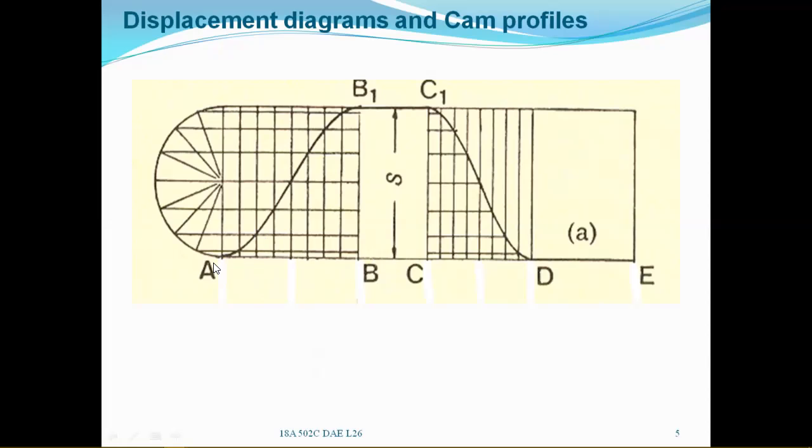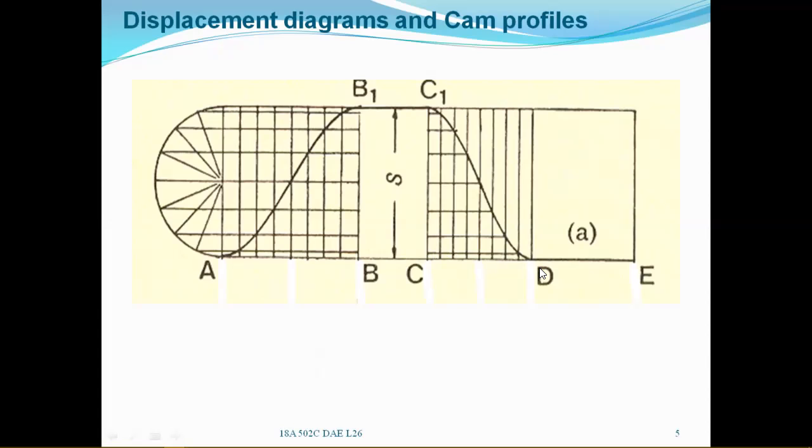So let us see, A to B will be the outstroke or angle of ascent or angle of rise, and B to C will be the dwell period after the rise or after the outstroke or before the return stroke.